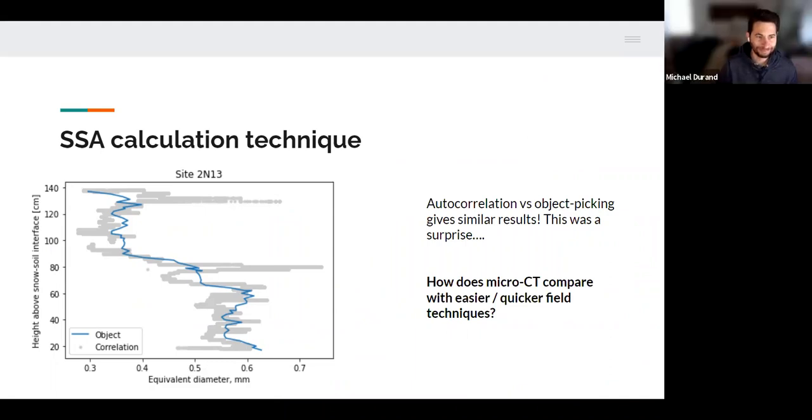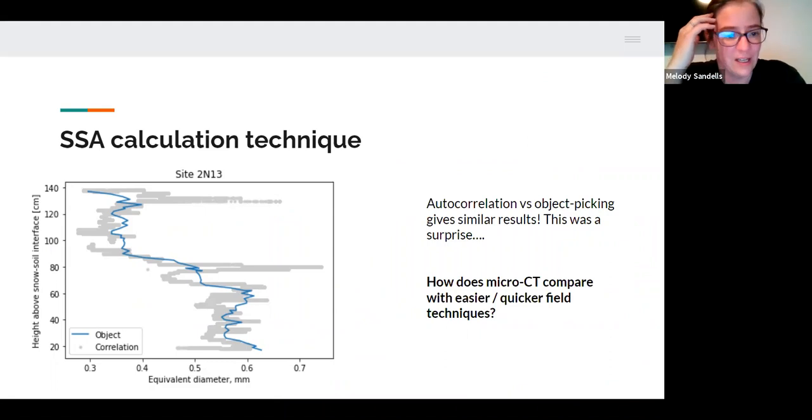Lauren analysed these, but she used a different technique. Specific surface area is a measure of the surface area to volume ratio. The method she used was picking out objects and then calculating that surface area to volume ratio, whereas the technique we've used as part of this project is based on the autocorrelation function.